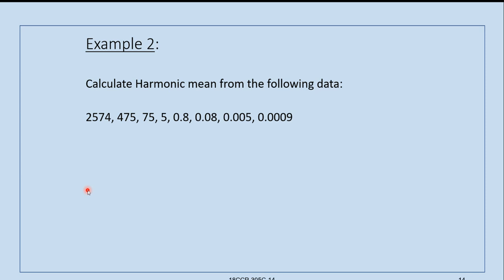That means, as we have seen earlier, the reciprocals of these numbers are 1 by 2574, 1 by 475, 1 by 75, 1 by 5, 1 by 0.8, 1 by 0.08, 1 by 0.005, 1 by 0.0009. So this is the second column.